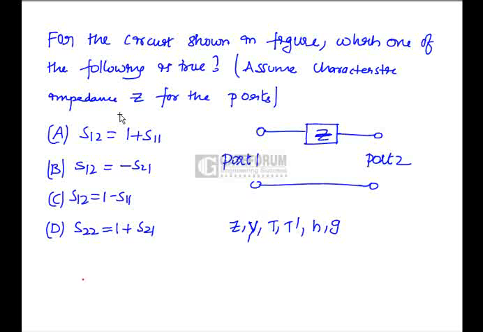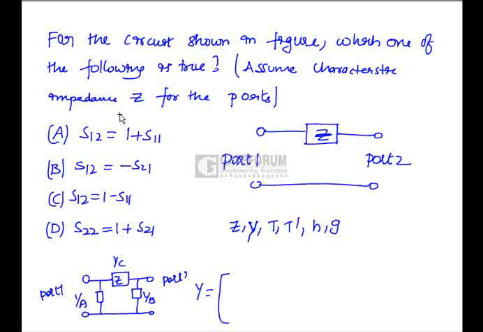When you see this one, it has given a characteristic impedance Z between these two ports. You can recollect one formula here. If two shunt elements are connected here, what are the Y parameters for this network? Let us take this as YA, this is YC and this is YB. Here it is port 1, this is port 2.